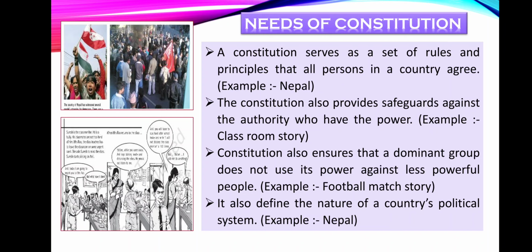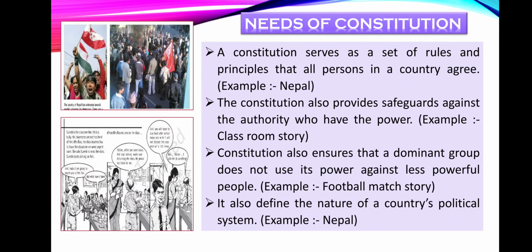In real life too, the powers can be misused by the representatives whom we have elected, and since they are on the highest posts, they can use that power for their benefit and to harm somebody else. So our constitution provides safeguards.